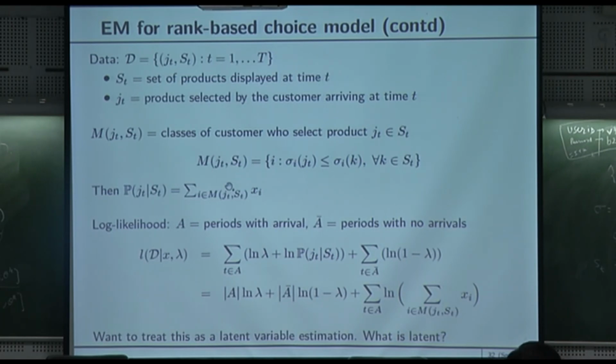Because if I save inventory, it means that I'm losing revenue. But then I might be able to sell that later for somebody who really wants that product and may be willing to pay a lot more money compared to somebody right now who I just give it away at a lower price. So we have to worry about it. In this particular model, we are not considering it. Here we are basically saying customer comes, I show them the product, they purchase something or they leave. Okay?